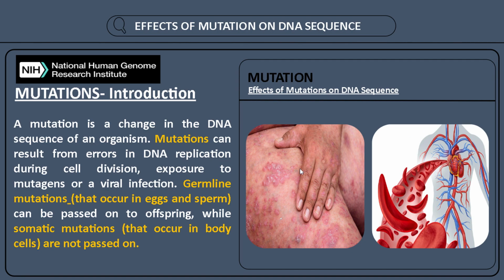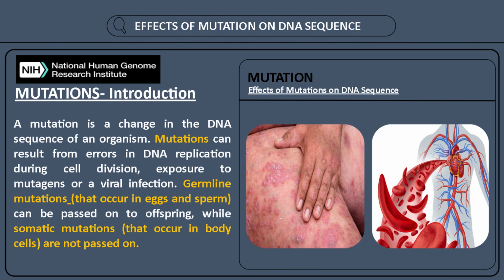This skin cancer is a common type of somatic mutation from exposure to ultraviolet rays coming from the sun. That is why it is advisable to always wear your sunblock, jacket, or umbrella in order to avoid direct sunlight.